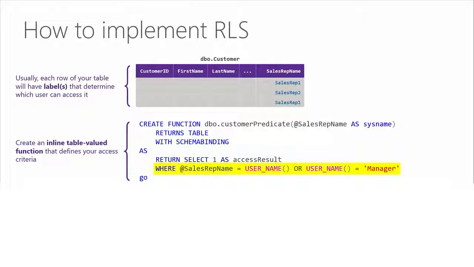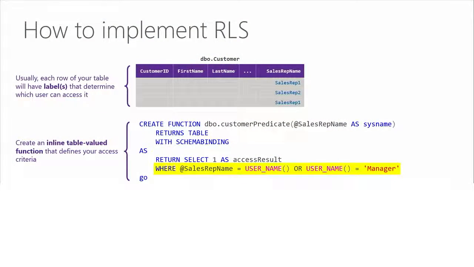This function typically is going to have at least one parameter that corresponds to a column from my original table. So in this case, I'm going to pass in that sales rep name as an argument. Wherever this function returns at least one cell, the row in my underlying customer table will be accessible.